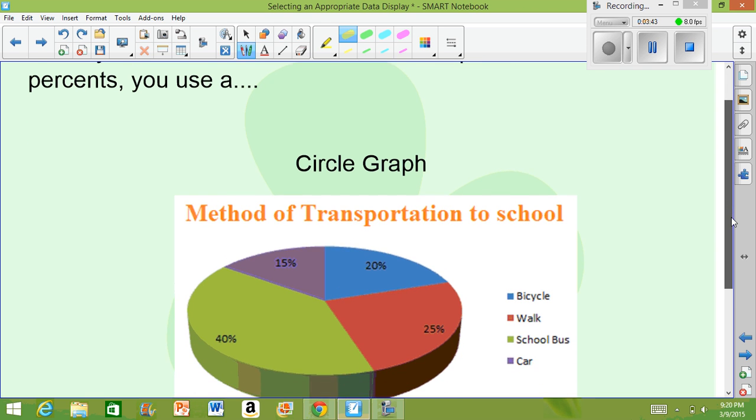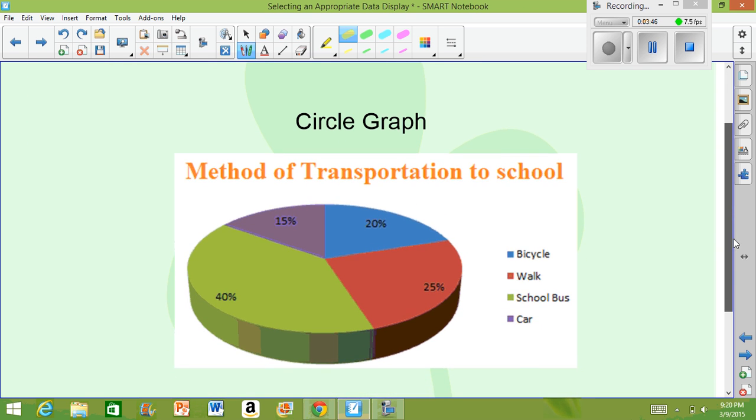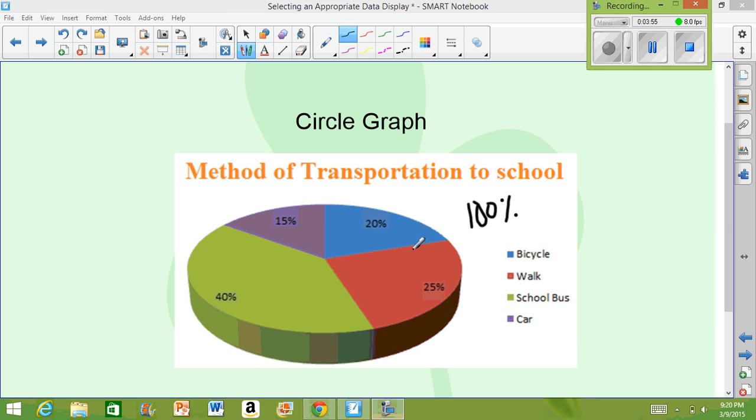So a circle graph will show us the information broken into parts. Remember that each one of these percents, when we add them together, will always total 100%. So all of these sections should always equal 100% in a circle graph.